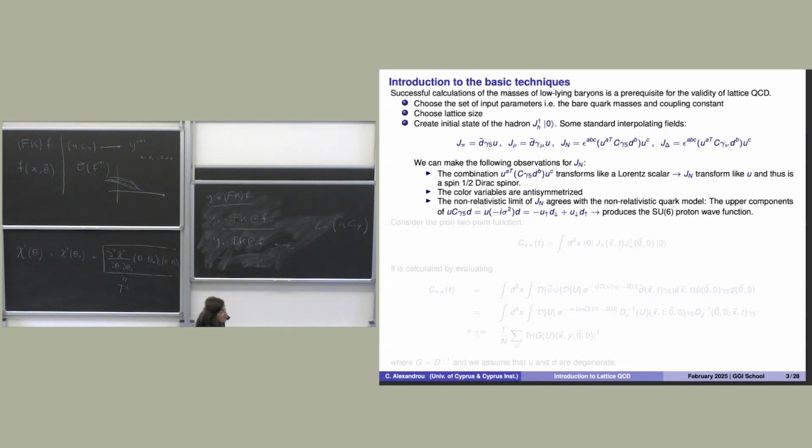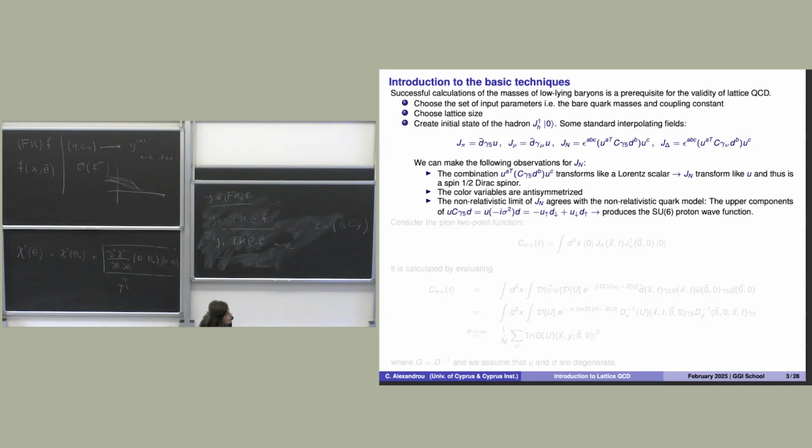Similarly for the rho, that's a vector particle. This is an interpolating function. That's what we call the creation operator, and the Hermitian conjugate of this we call the interpolating field. This is to create something which has the quantum numbers of a nucleon, and it's a spinor, with a color singlet for the color degrees of freedom.